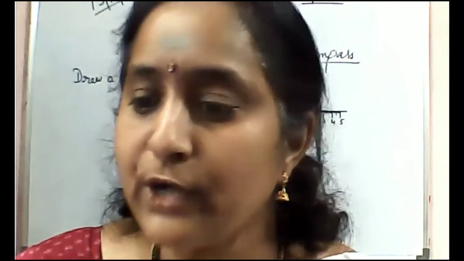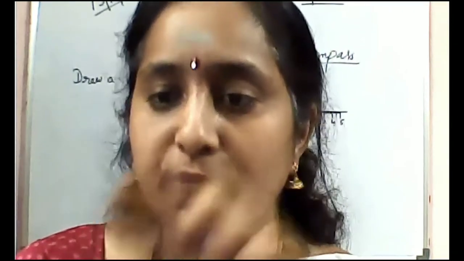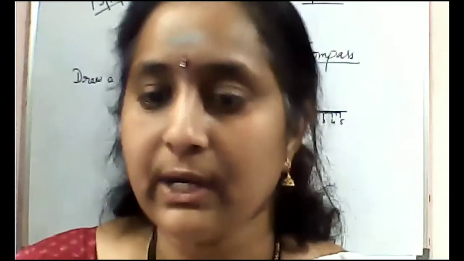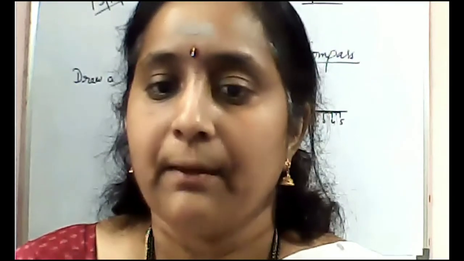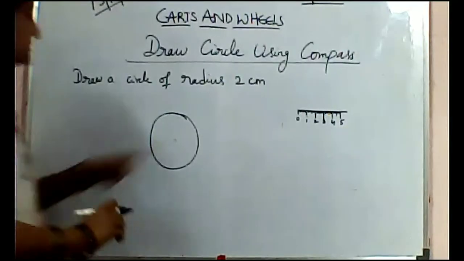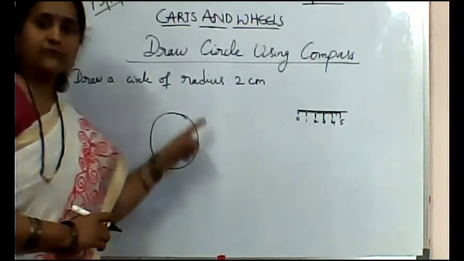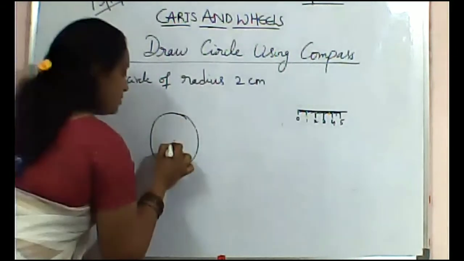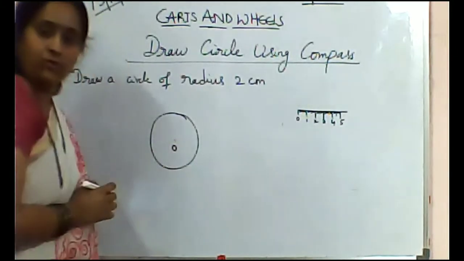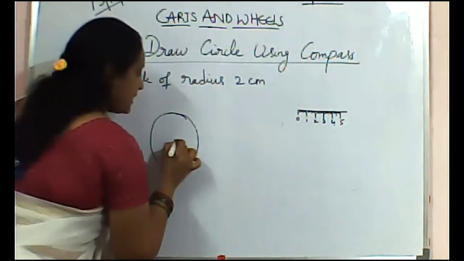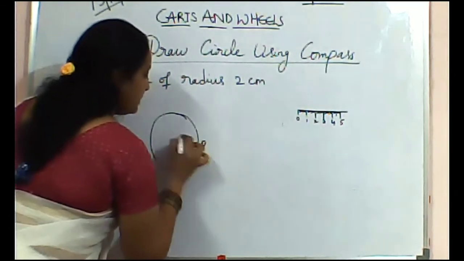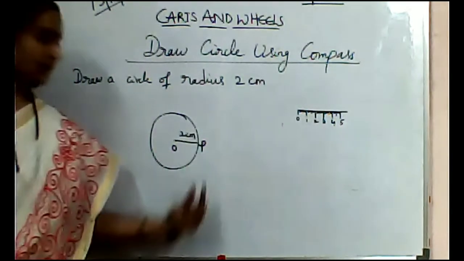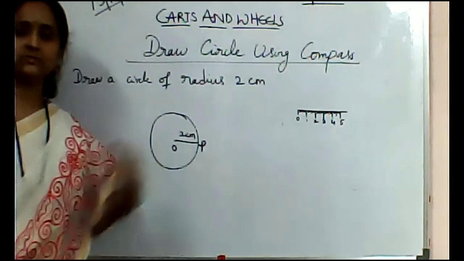So what you have to do is, at that point, you have to write O. Center, I told you, we will denote with O or C. Write it. Suppose this is the circle of 2 centimeters radius that you have drawn in your classwork. Now the center point is O, and draw a radius here, some P, which is 2 centimeters. Like this, you have to denote in your classwork.